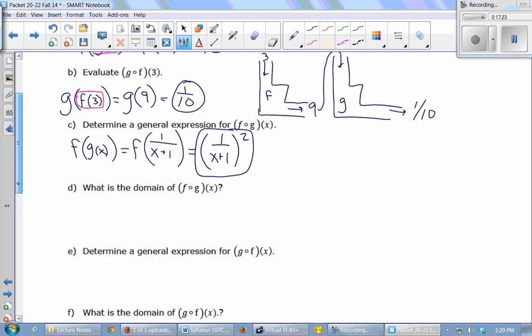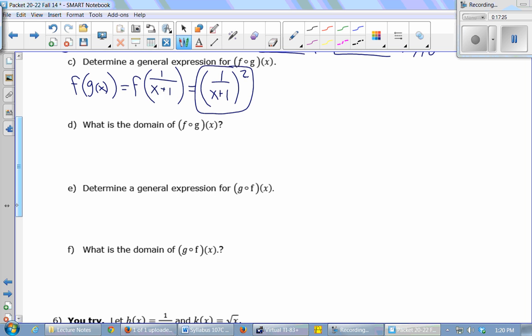So what is the domain of f composed with g? So I'm going to draw some pictures here. G is the first function. F is the second function. So G was 1 over x plus 1, right? And F is x squared. Okay.